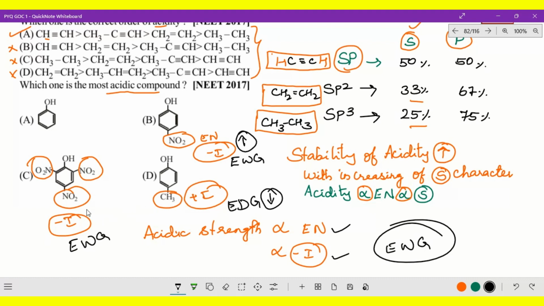So generally minus I effect, that is minus I character, that is an electronegative group, has to be present, and an electron withdrawing group has to be present.